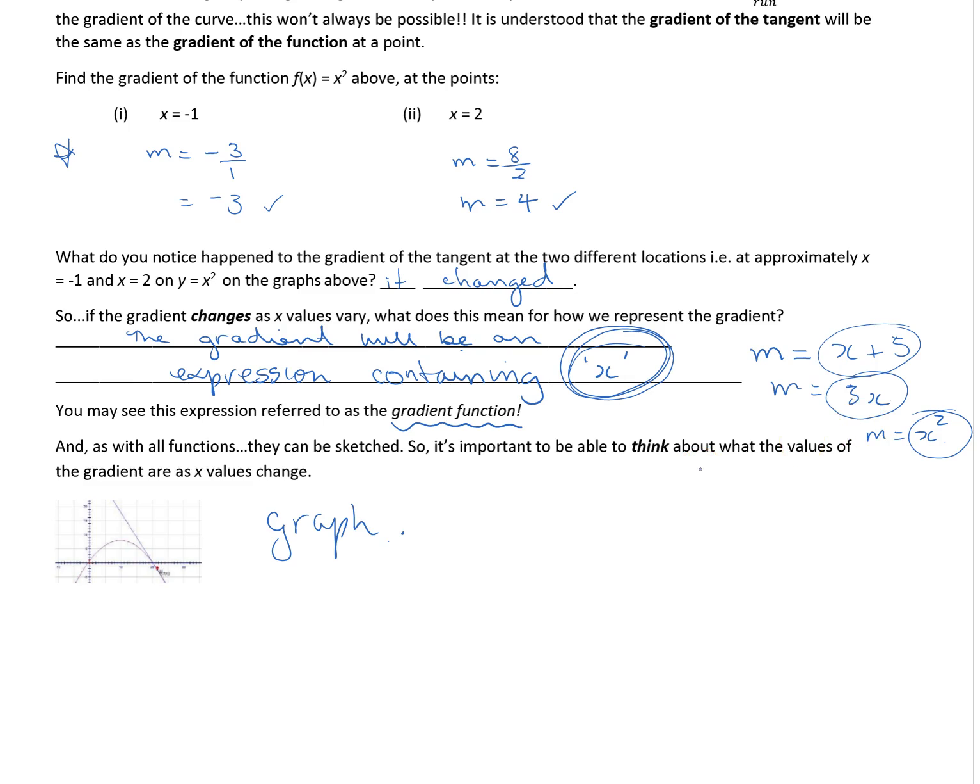So this is one of the first significant differences about the gradient that you need to be aware of, and it will help you to understand when you learn the process for differentiating. It will help you to understand what the answer you get to your process is representing.